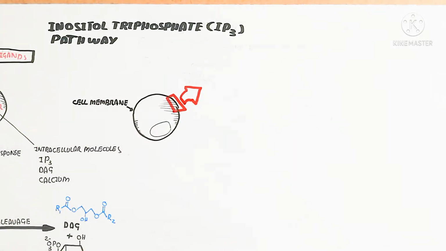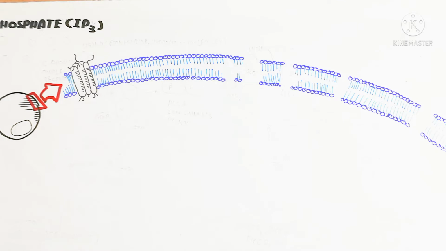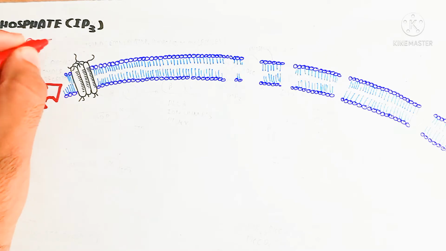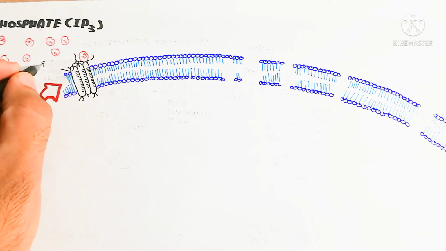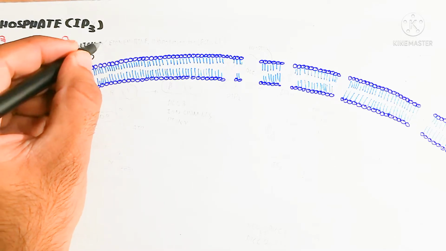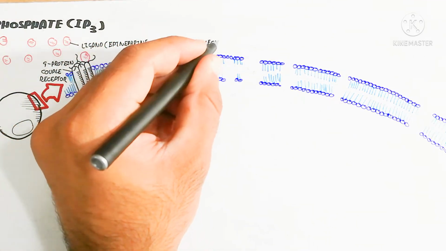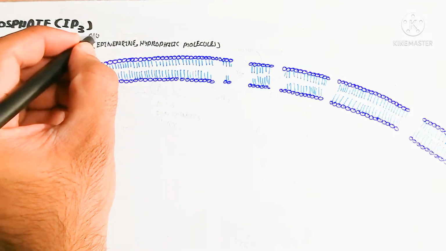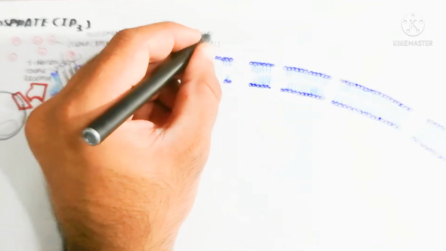Next, we will discuss the plasma membrane of the cell. This plasma membrane contains many receptors, but here we will understand the G protein coupled receptor. This G protein coupled receptor is an intrinsic protein, with an extracellular domain as well as a cytoplasmic domain. The trimeric G protein is present intracellularly, bound to the cytoplasmic side.